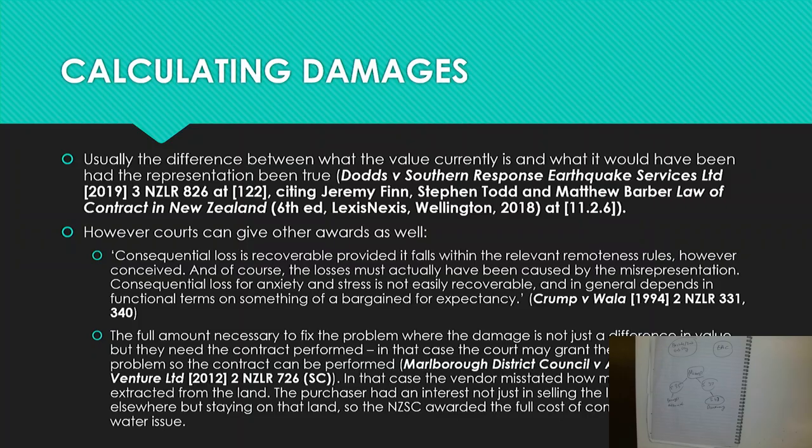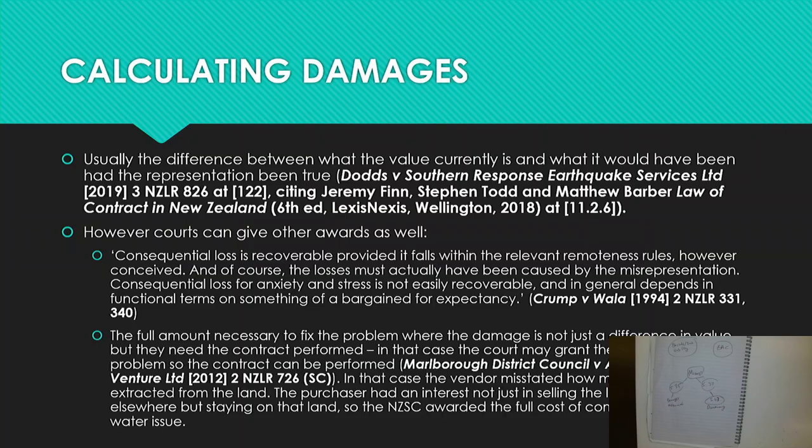And sometimes the amount awarded may be more than the difference between the representation being true and false. And really, all you would need to say is you can cite Marlborough, and it's actually Alti Marlock, the case, but you can just cite Marlborough, because in that case the court deviated and made a different type of damages award, to award them more for a misrepresentation because that was necessary to fix the problem.